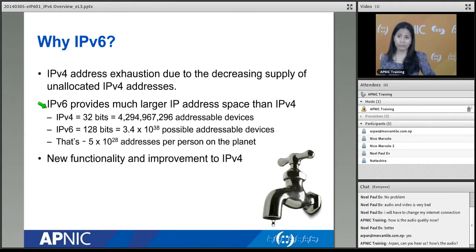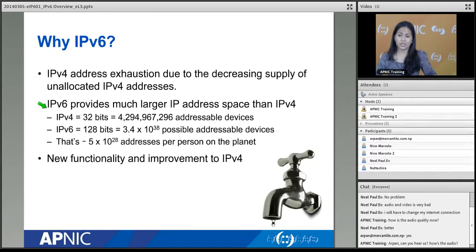In 2011, IANA distributed the final 5 /8 blocks to the 5 RIRs, and that was around February, and around April of that same year, APNIC started distributing from that final /8. Right now, I think we have about 0.85, or 85% of that entire /8 block. If we distribute all of them, we won't have anything else to give.